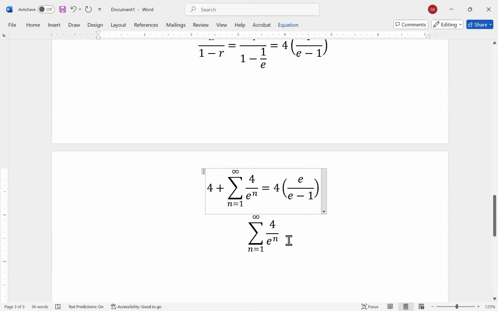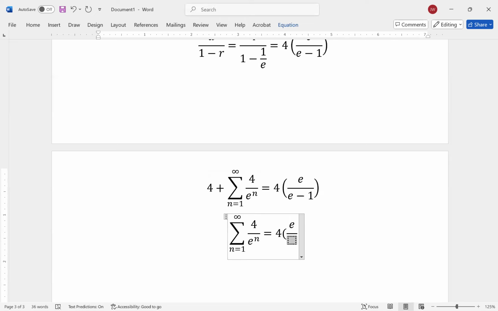If I subtract 4 from both sides, that means my summation starting at 1 actually converges to 4 times that weird fraction minus 4.